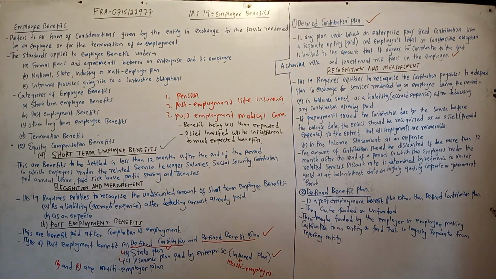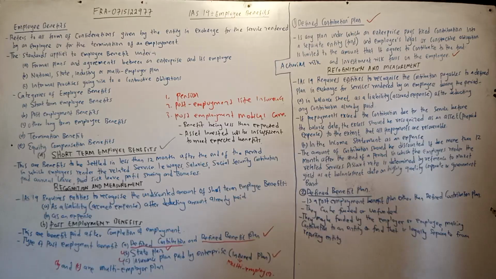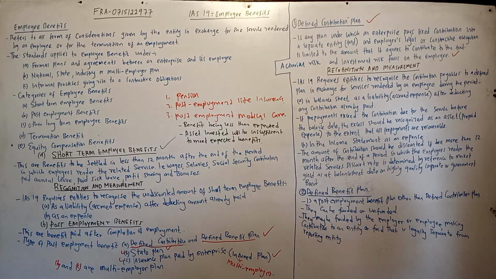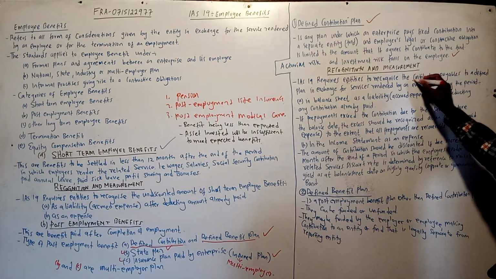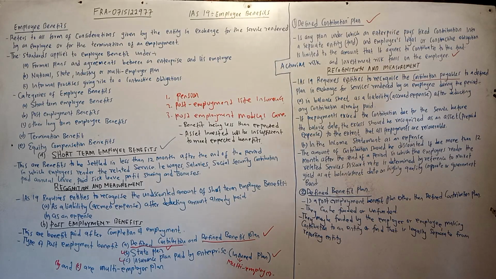That's the recognition and measurement of the defined contribution plan. IAS 19 requires an entity to recognize the contribution payable to a defined contribution plan in exchange for the service by an employee during the period, number one, in the balance sheet as an accrued expense.